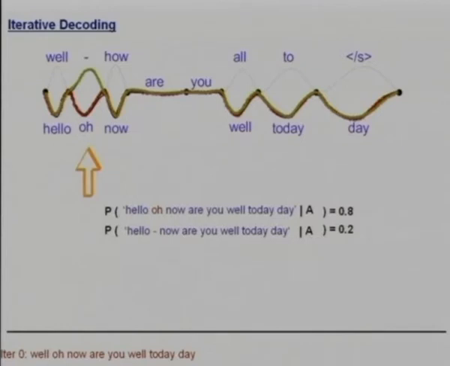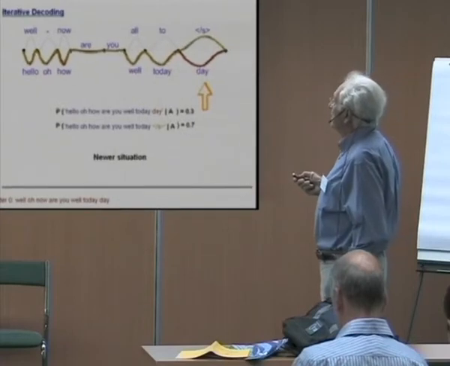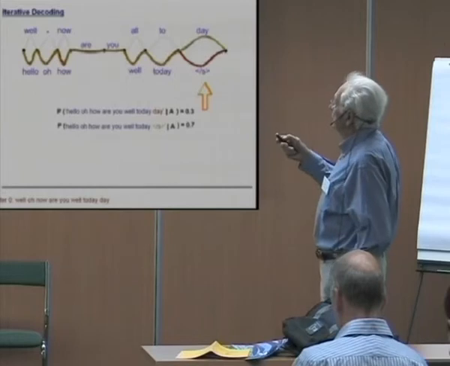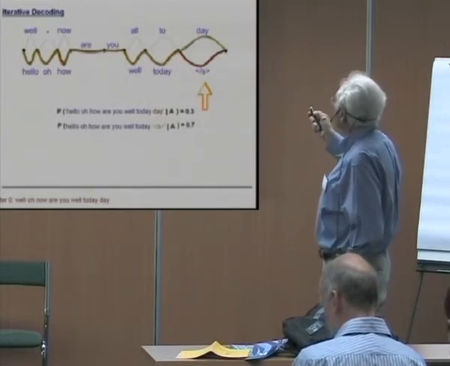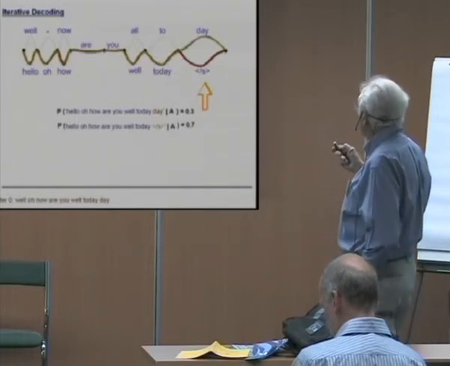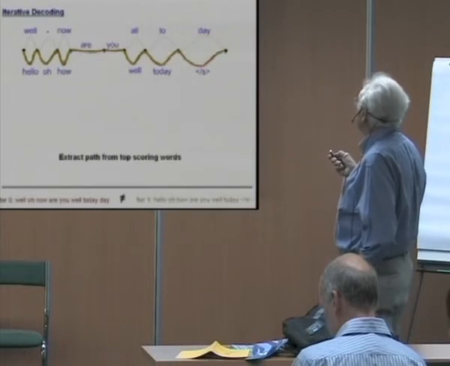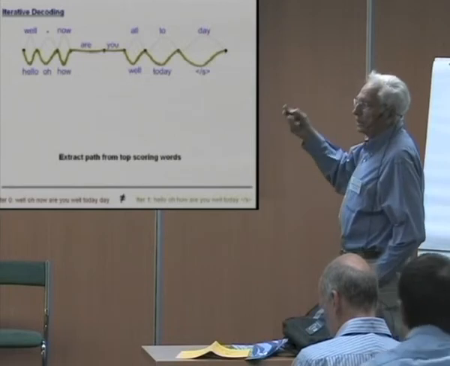So next we have an alternative between oh and nothing, and oh happens to be better, and so this is temporarily the situation, and eventually we proceed from left to right, and we get to the last choice, between day and end of sentence, and it turns out that end of sentence seems to be the best.